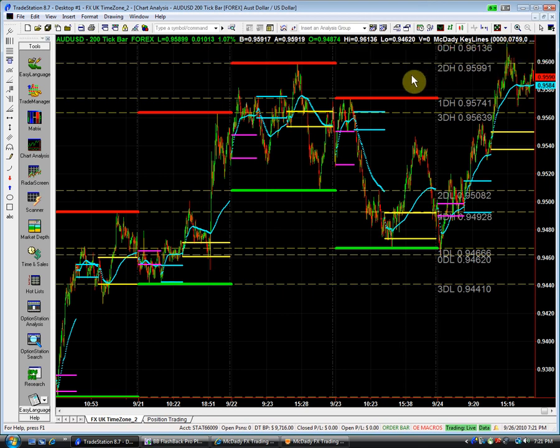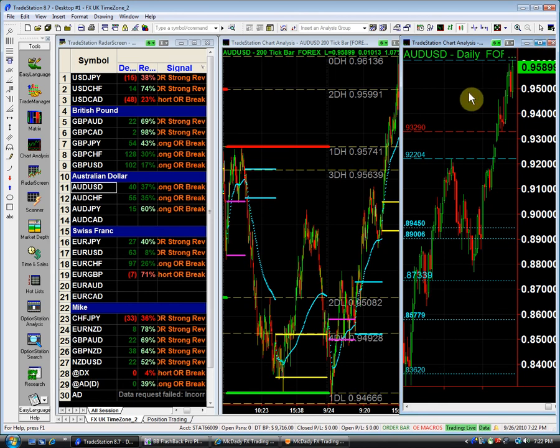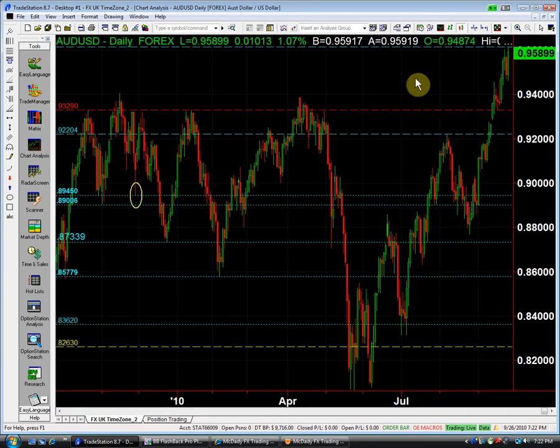Okay, that is the Aussie US dollar. We all know what we need to do here anyway. We want to be on the buy side.